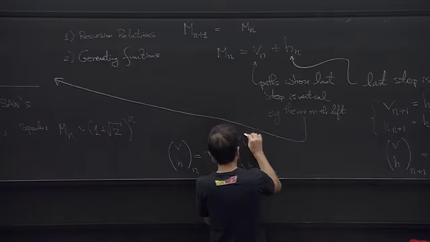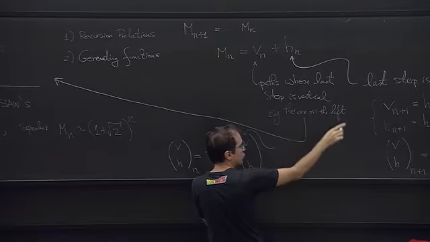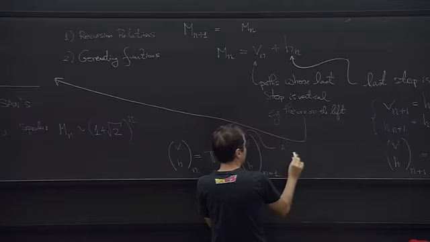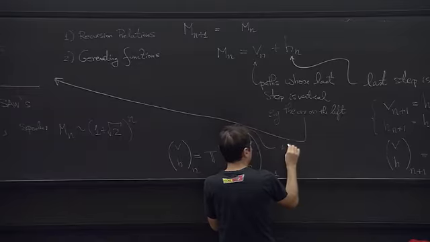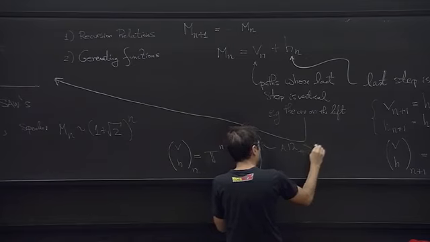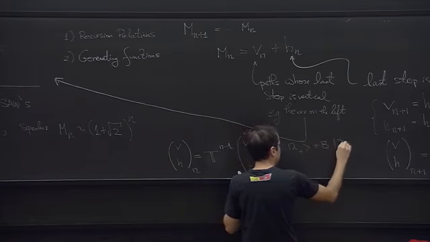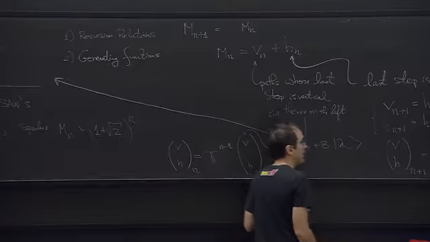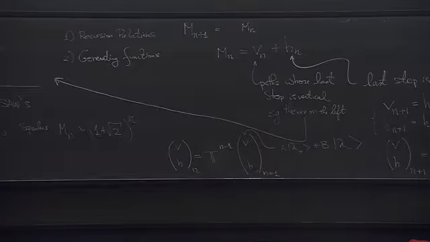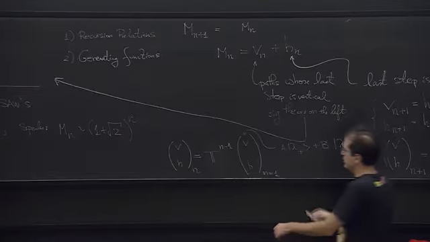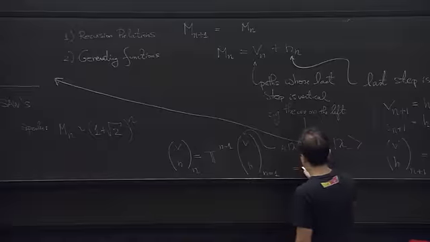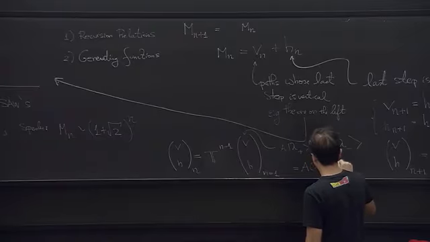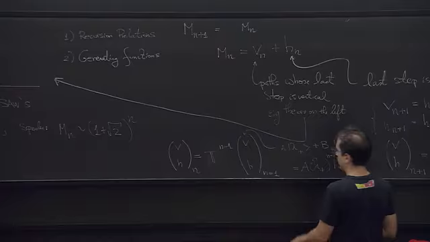So if I write this original vector, which is the vector 2, 1, as A times the eigenvector with eigenvalue lambda plus, plus B times the eigenvector with eigenvalue lambda minus, where lambda plus and minus are the two solutions to this equation, then this is equal to A lambda plus to the n minus 1 times the eigenvector, because lambda plus is an eigenvalue.